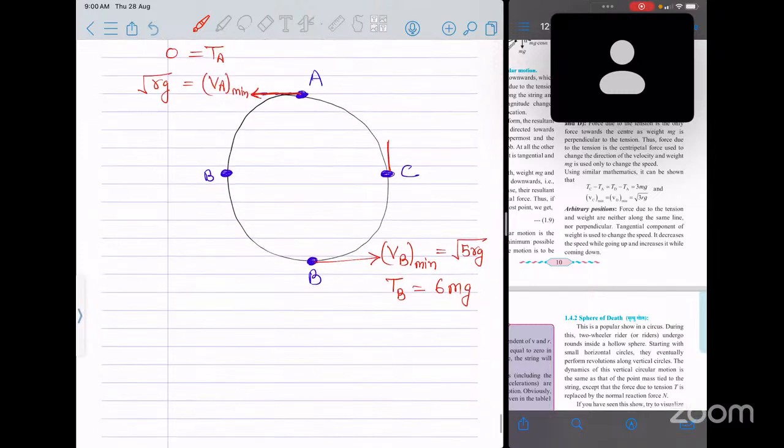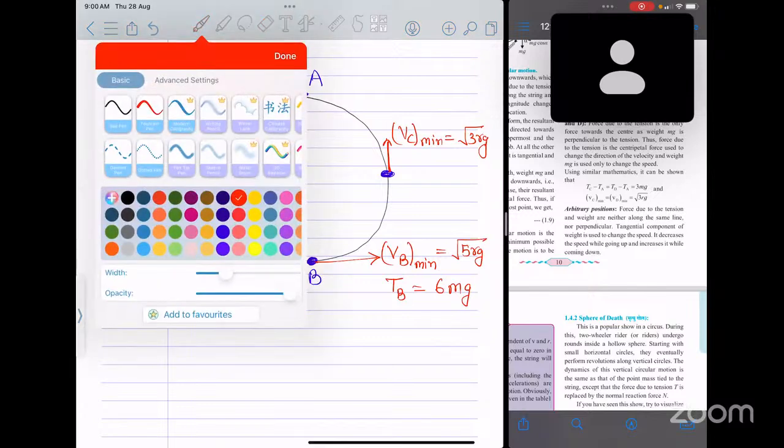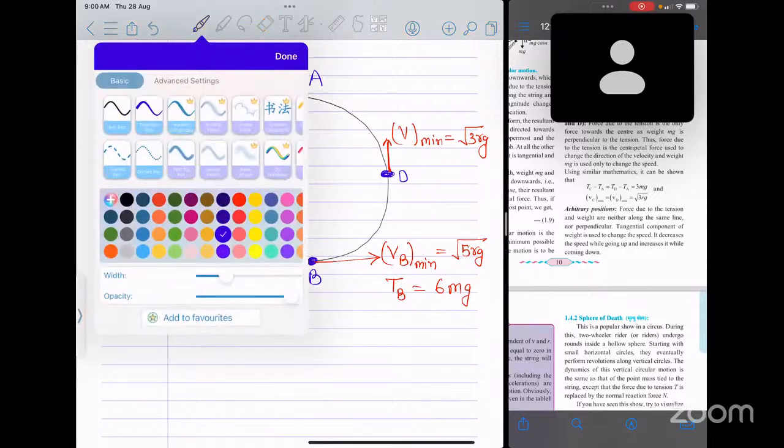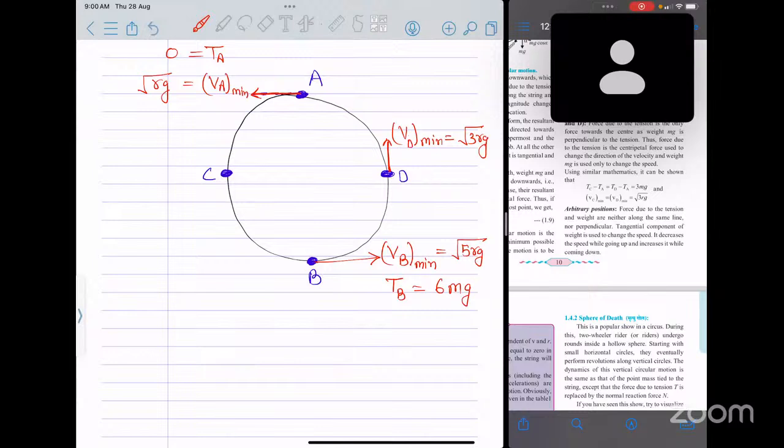At point C, VC minimum will be square root 3 RG. I marked the points wrongly: this one was point D and this one is our point C. So this is VD minimum and tension at point D is 3 mg.